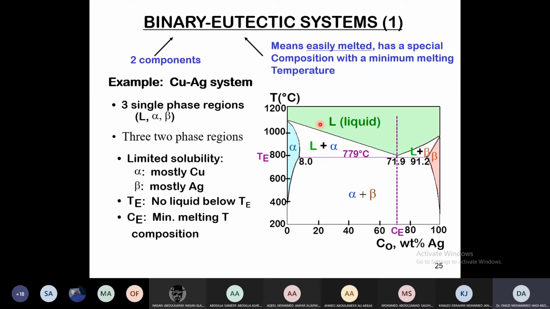It goes to the liquid, except for one point, which is this point, and that is called the eutectic point. Eutectic means simply melting. This is an exception point in this phase diagram where this behavior happens, and due to this point, the phase diagram is called eutectic.